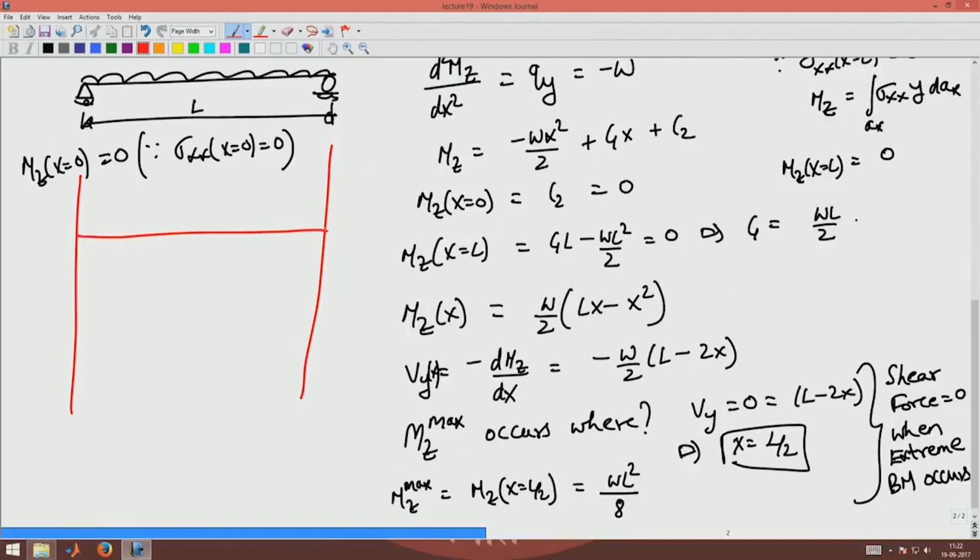Its maximum is at L by 2, and at x equal to 0 and x equal to L it is 0. Now, the question is on which side I have to plot. Usually you take the positive bending moment to be plotted on the top and the negative bending moment at the bottom, but we will follow the convention that the bending moment diagram line will coincide with the line where the tension occurs.